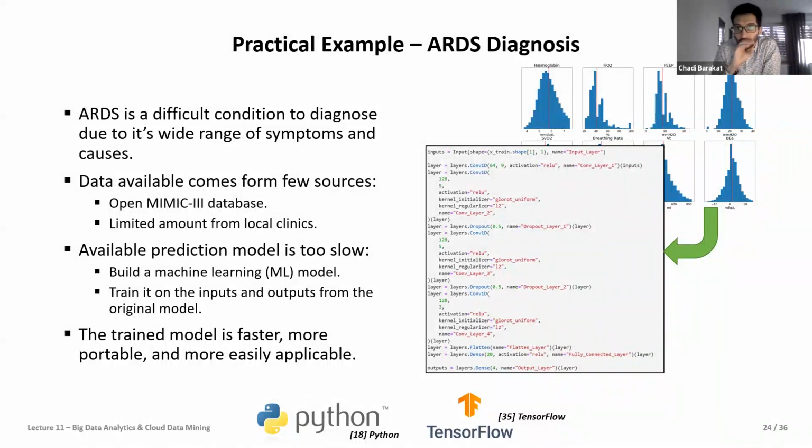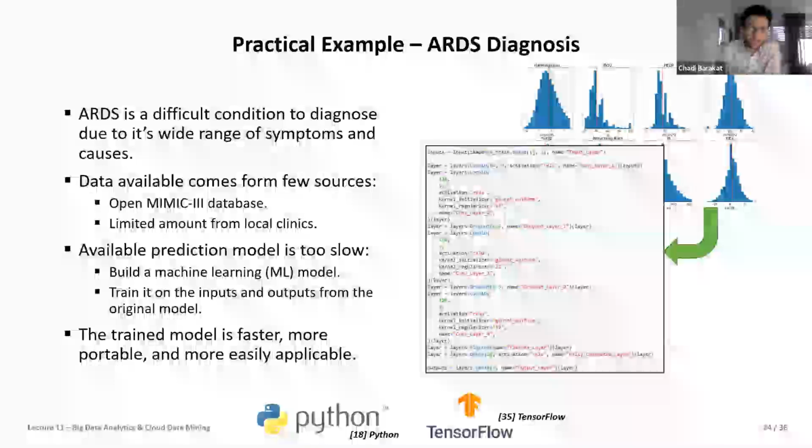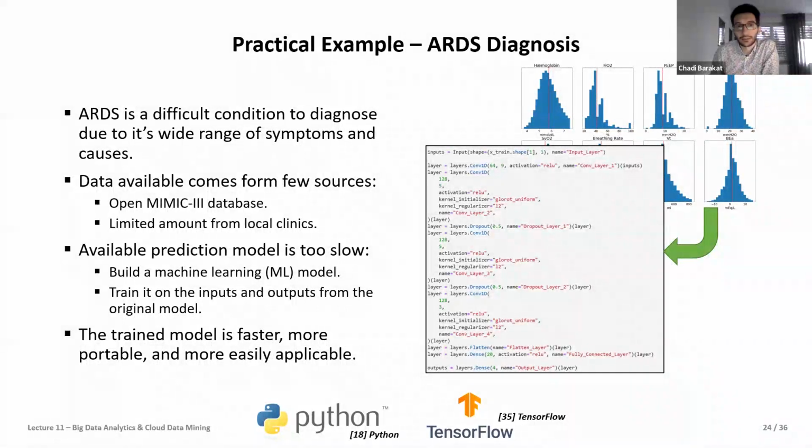The data there is compiled over 10 years, and there's a lot of data that can be used to train a deep learning model. There is enough data there. You have to go through it, clean it, and prepare it, which we had to do. But in this instance of data mining, this is a very useful resource. In our case, we also had access to some data from local clinics here in Germany.